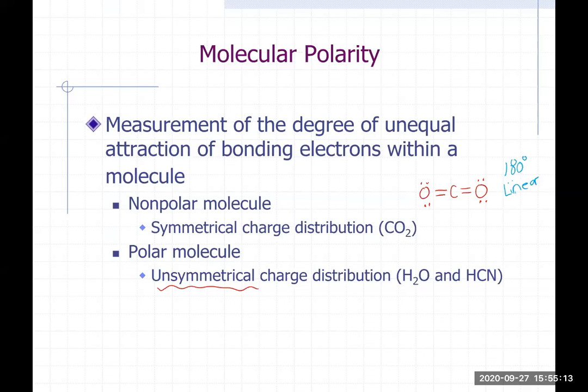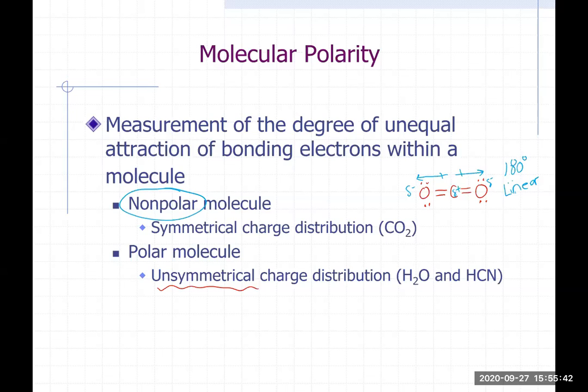That means that the oxygen has the delta minus, and the carbon has the delta plus. So the dipole looks like this and like this. Equal and opposite vectors that cancel each other out. And so this molecule is nonpolar.